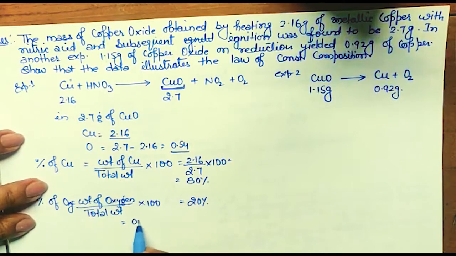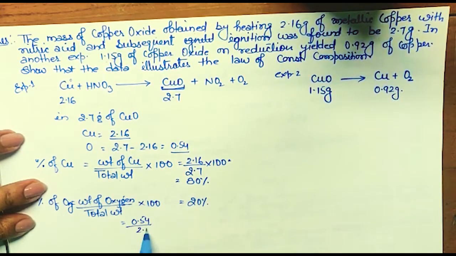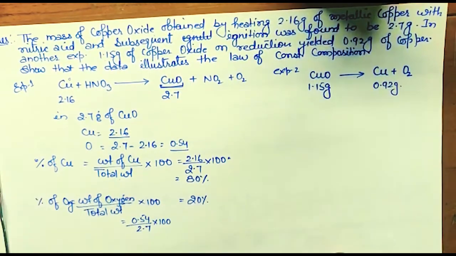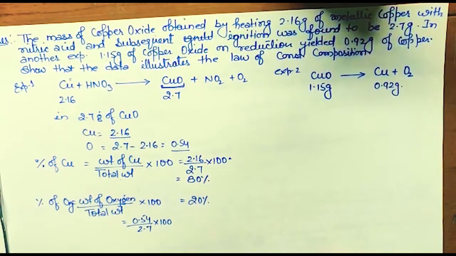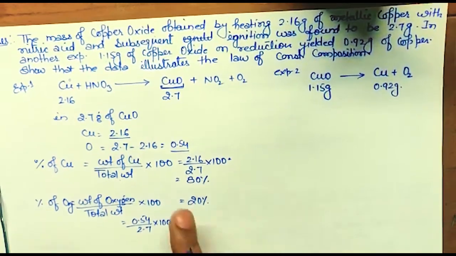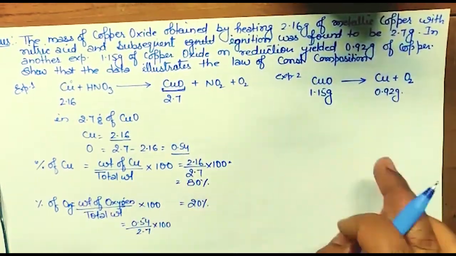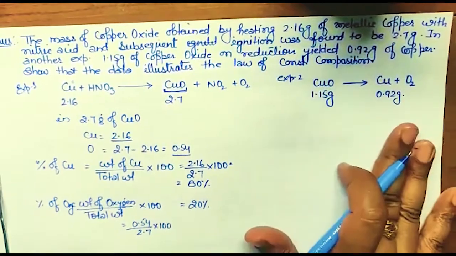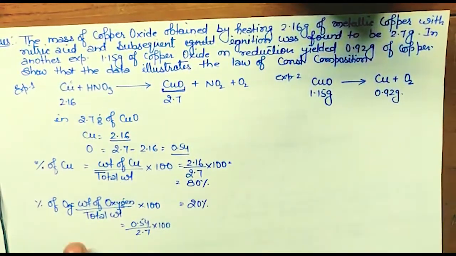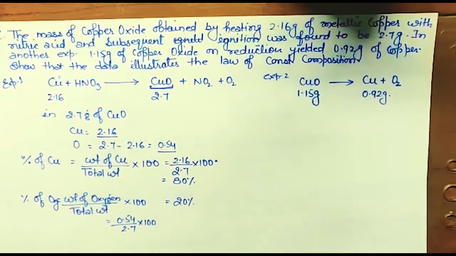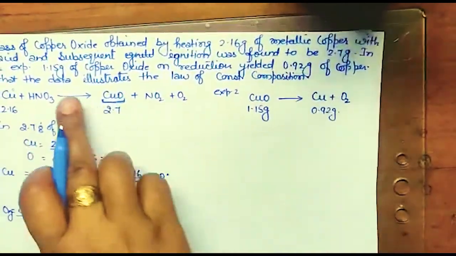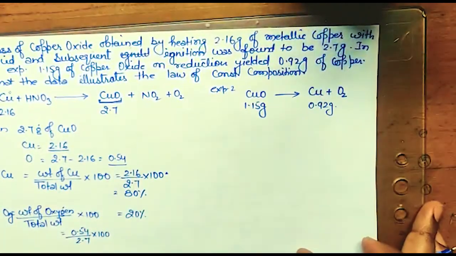This is 0.54, total weight is 2.7 into 100, you will get 20%. Clear? So what is the ratio of copper and oxygen? 80 is to 20%, isn't it? Similarly, that ratio should be there in this experiment also. Copper should be 80% and oxygen should be 20%. Then this is illustrating the law of constant composition.